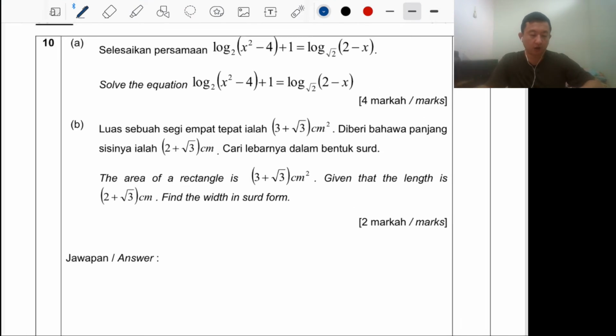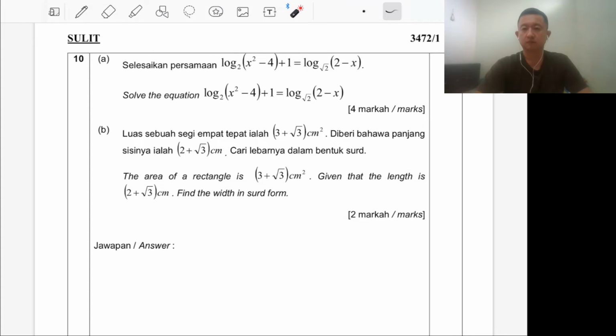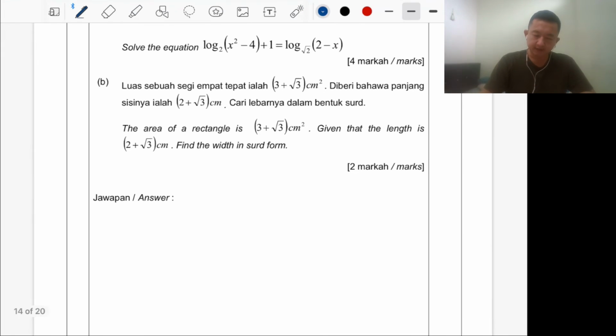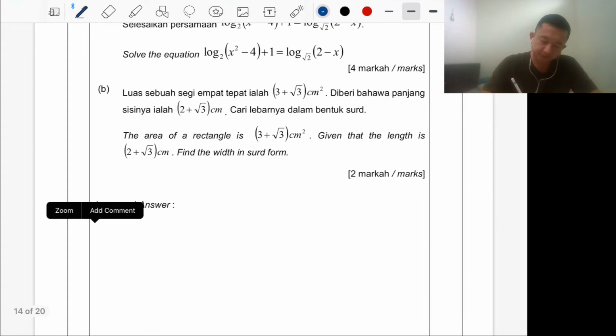Okay, we go on. Now let's have a look at this question. Solve the equation using log. We have logs with different bases, so we have to change them to the same base and put them on the same side.